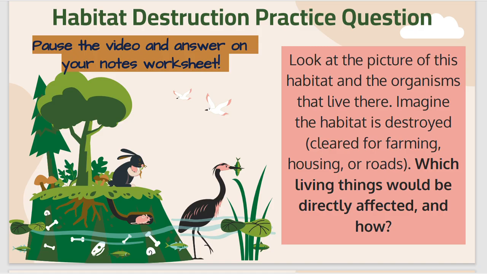Looking at this picture of this habitat and the organisms that live there, such as the rodent, the bunny, the bird, the crane, things like that, imagine that this habitat is destroyed, for example, maybe cleared for farming, housing, or roads. Which living things would be directly affected and how would they be affected? So go ahead, pause the video, and tell me what living things would be affected if this habitat was destroyed and what those effects would be.